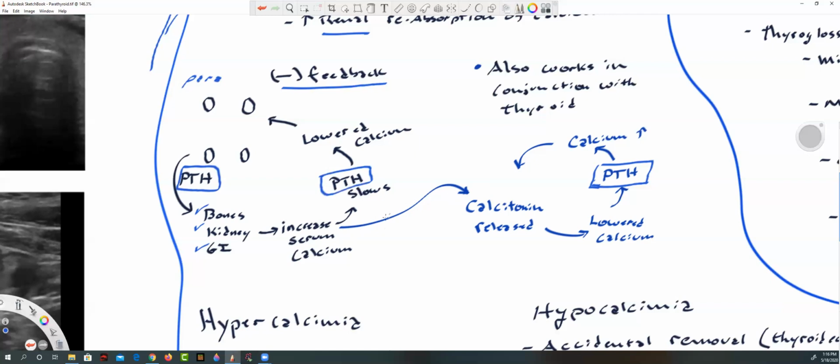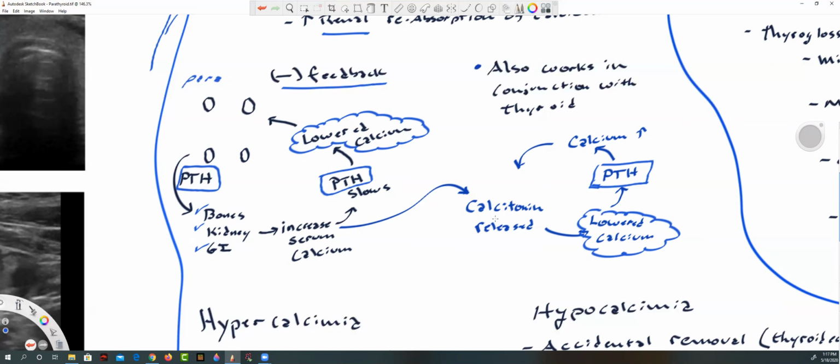But on a parallel track next to it, or a parallel circle, when we have an increase in calcium, it stimulates the thyroid to release calcitonin, which also lowers calcium, which lowered calcium there. I'm beginning to think I shouldn't have done two separate circles.